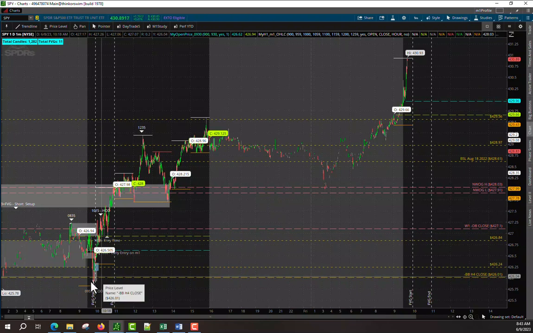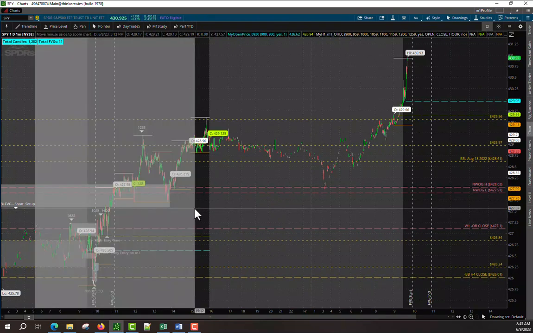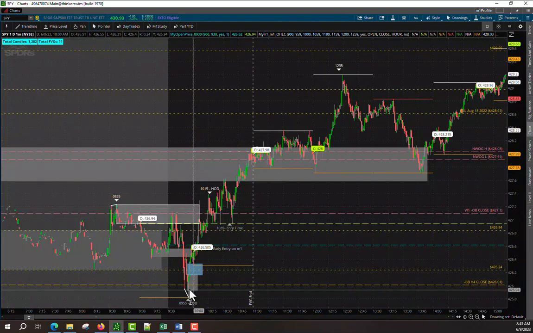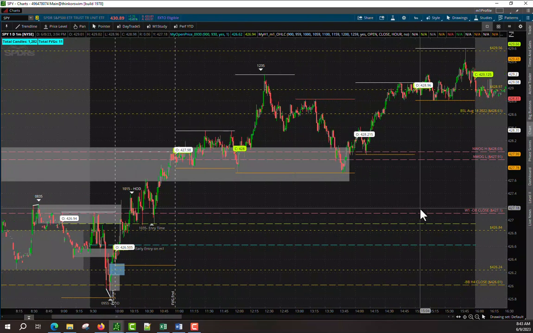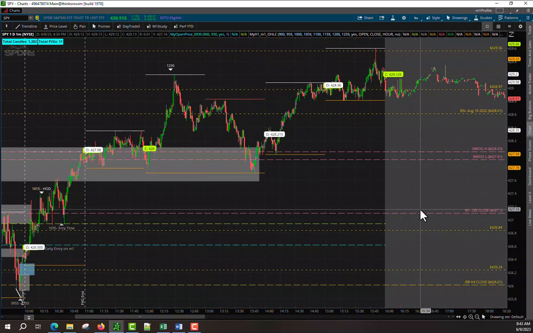You see, it made a big move right here for the bottom, 955, and now it continues to rally, moving up.